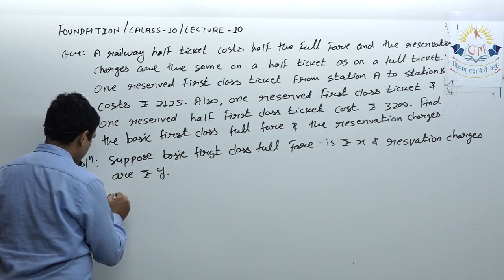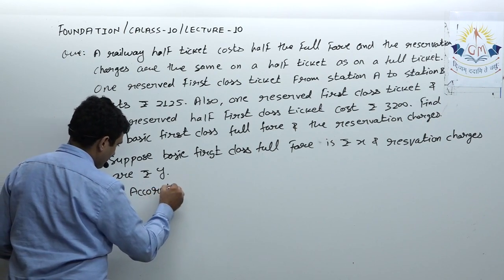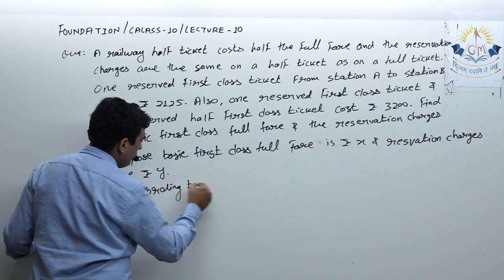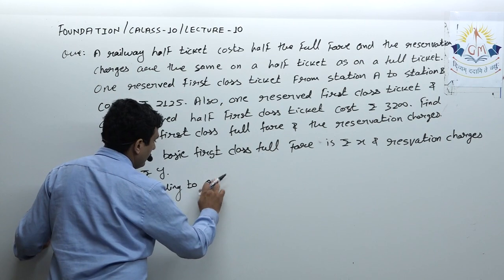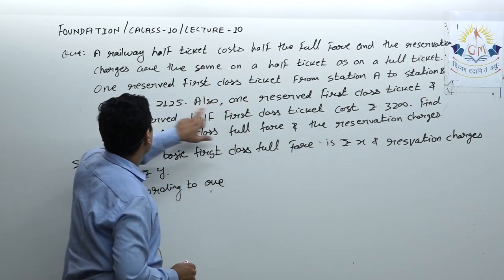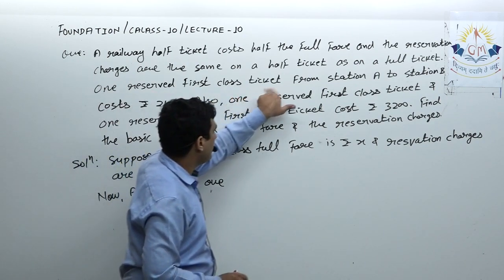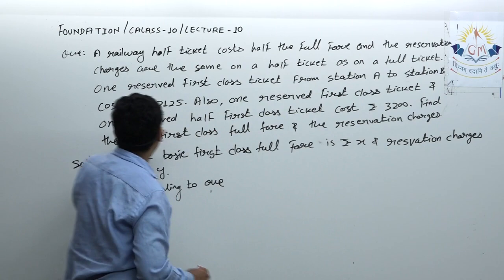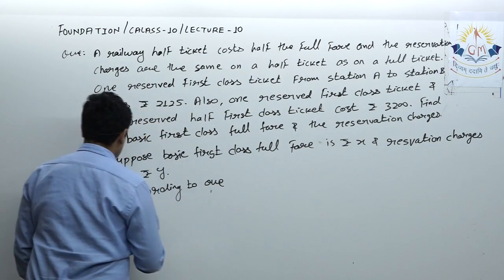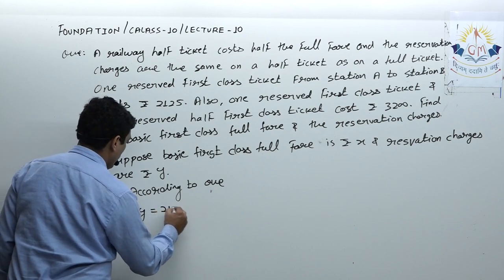Now according to the question, see what it says. For one ticket they have paid rupees 2125. One reserved first class ticket from station A to B costs this much. That means X plus Y is equal to 2125.